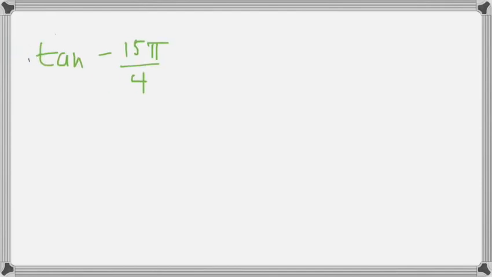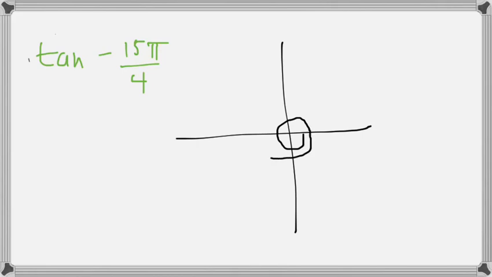Okay? So if we have it here, let's draw that. Negative 15 pi over 4, that's almost what? That's almost negative 4 pi. So we go, that's 2 pi. I'm right there. So that's where my angle turns out to be. So I went 360 degrees around, and then I went almost all the way around again.